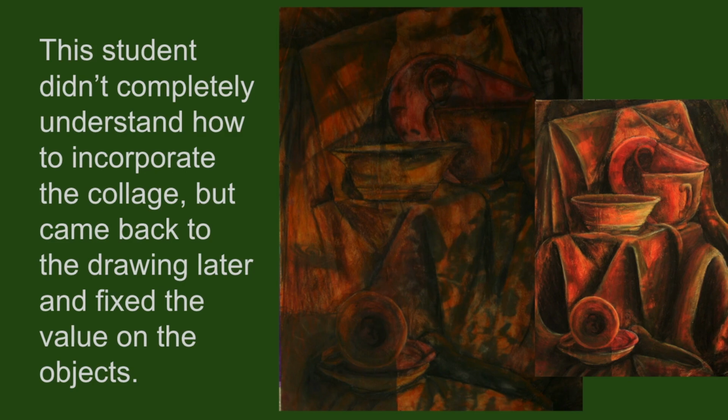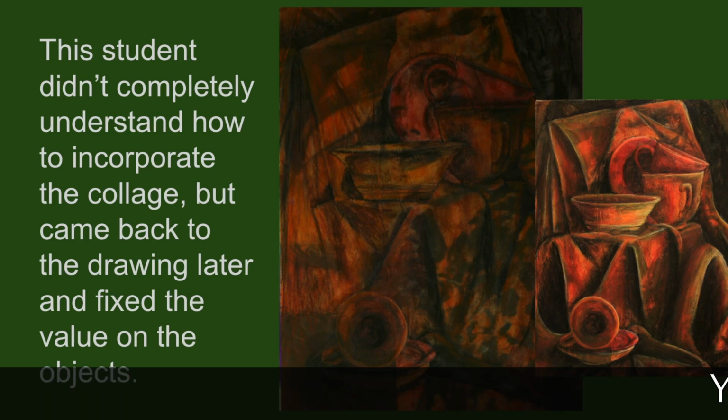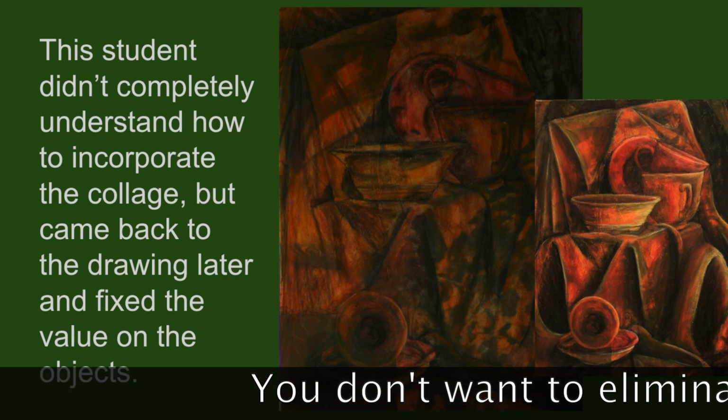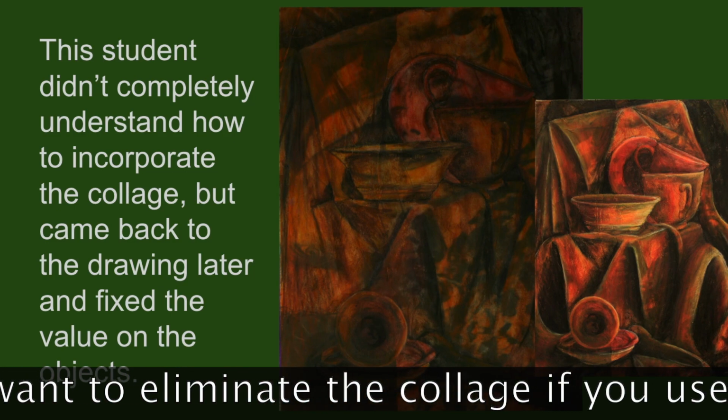What's ironic about this is the student used this for their AP portfolio later, and they improved the drawing, and that's what I want you to see on the right, is they actually added lighter values in those different objects in order to make the objects more apparent. Now, what did happen is a lot of that collage work was eliminated from the drawing, but you can actually see the objects.